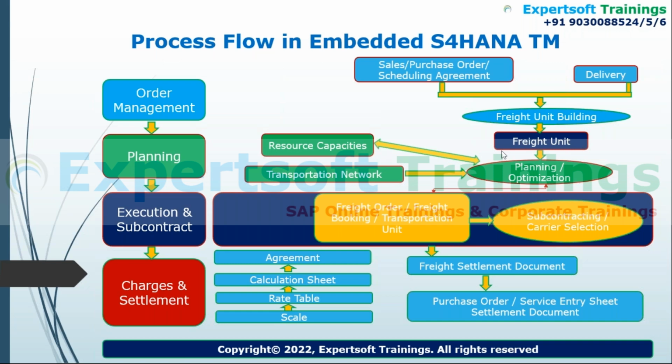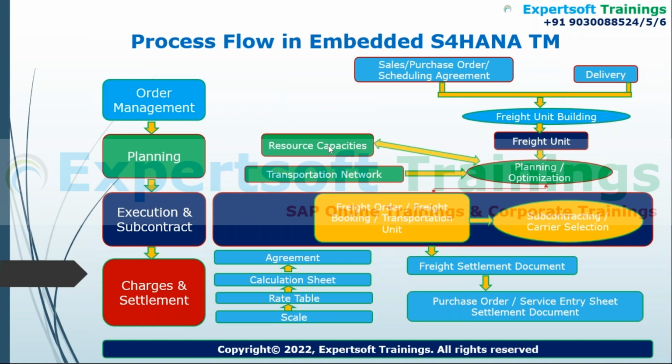Now there are two things you need to understand from what I told you in the map. One is the freight unit. That means my input to planning is the freight unit, and my input to planning is also a resource. As I told you, we need a resource, or else how will you move the transport? Like my truck is a resource, my vessel is a resource, my flight is a resource. So the combination of the freight unit and the resource, along with the capacity of the resource, is important.